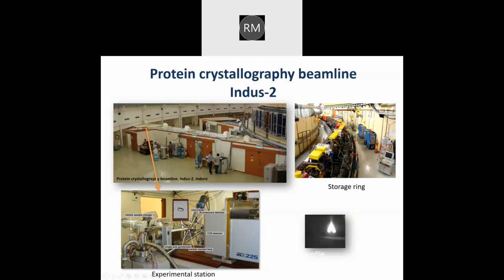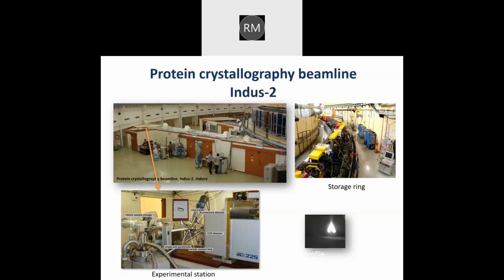Then there is a crystal mounted on this single axis goniometer, and simultaneously the crystals are cooled to prevent heating of the samples by X-rays.